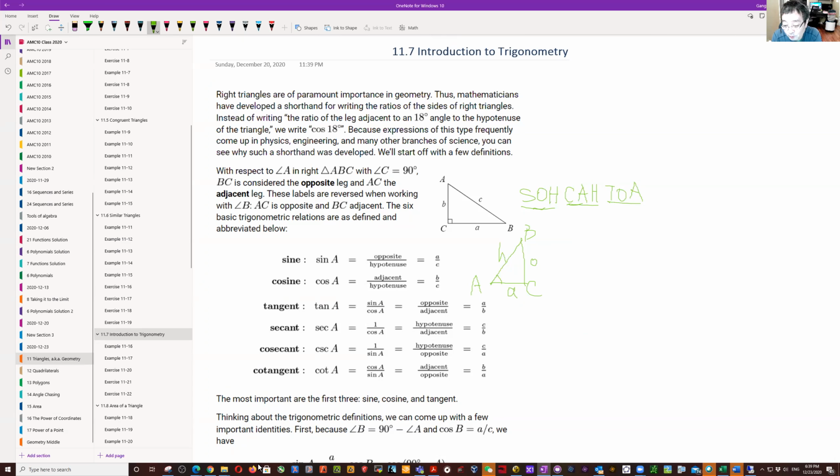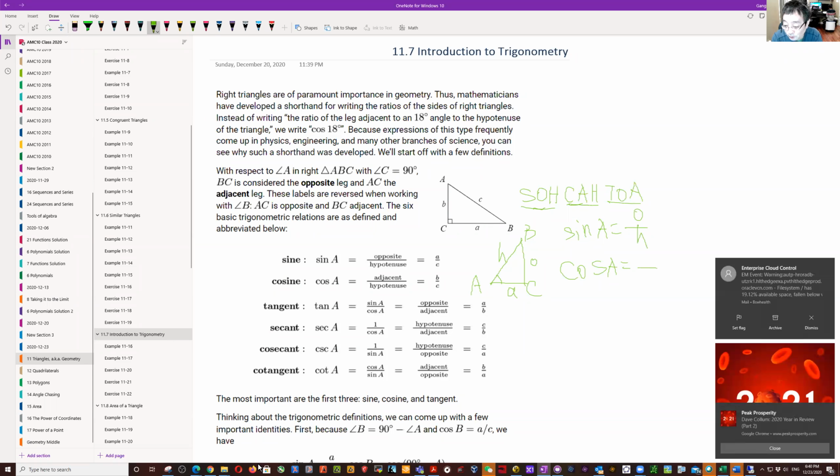So S means sine. The sine of A is equal to, in this triangle where you label opposite, adjacent, and hypotenuse, opposite over hypotenuse. And the cosine of A is equal to adjacent over hypotenuse.